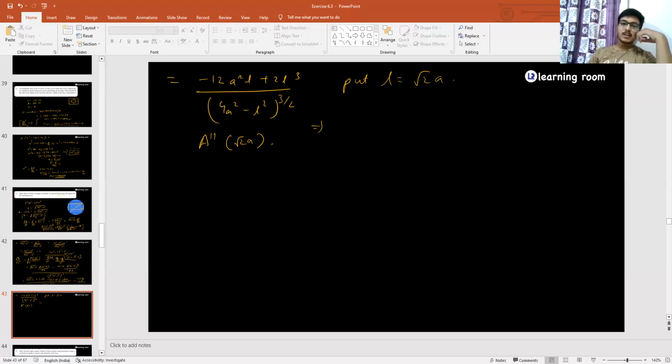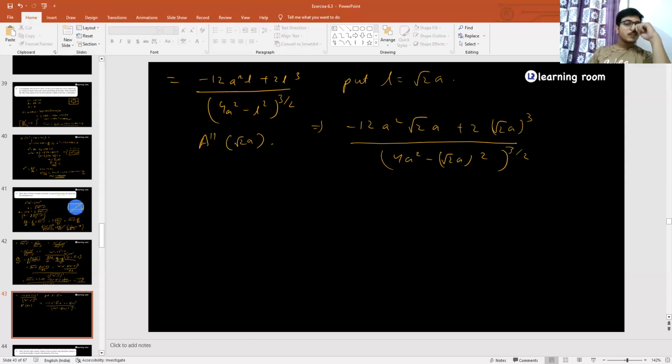See. So minus 12a square times root 2 times a plus 2 times (root 2 times a) whole cube, divided by (4a square minus (root 2 times a) whole square) whole to the power 3 by 2. If you solve this, minus 12 root 2 a cube plus root 2 times root 2 times root 2, so that is 2 root 2, right?